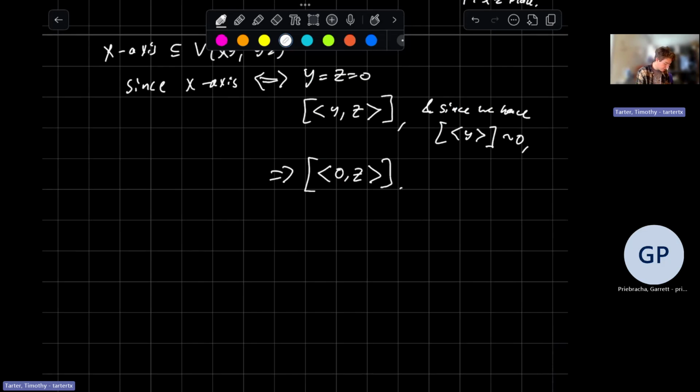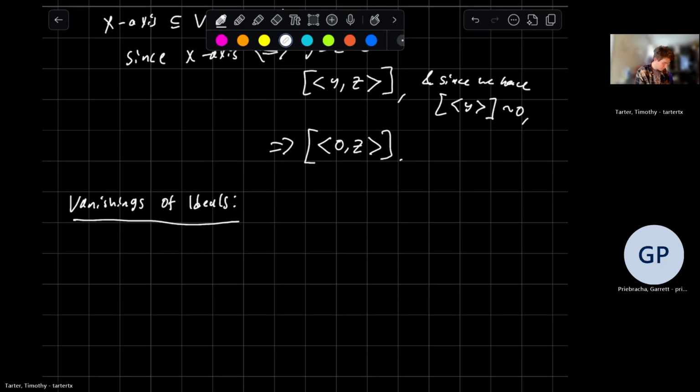So, returning to the general situation, vanishing sets of ideals. This is a theorem.